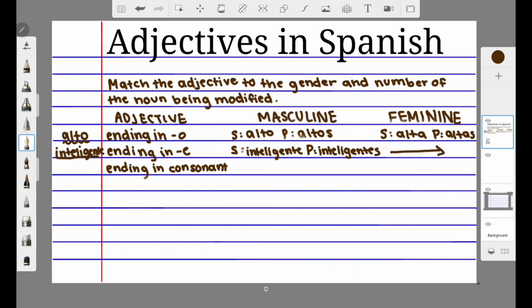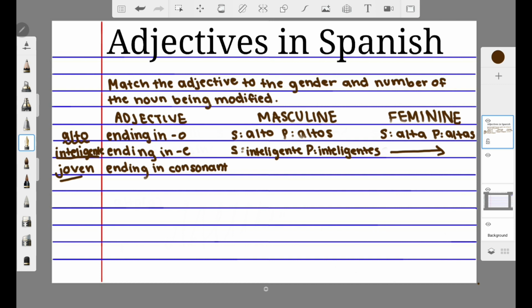For an adjective ending in E, the singular for both masculine and feminine nouns is the same. It's just with an E. And the plural is also the same. It's just with an S. So for inteligente, whether it's a masculine noun or a feminine noun, it will be inteligente. And if it's plural, it's always going to be inteligentes.